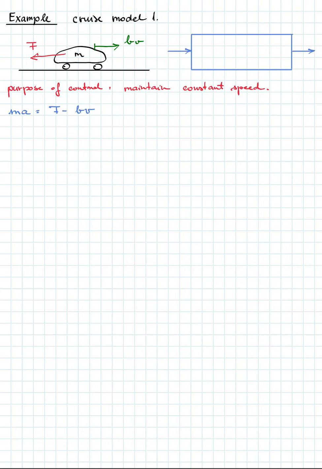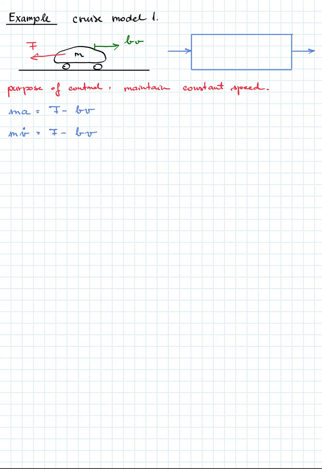So F is decreased by bv because they have got opposite direction. But now I would like to present a model whose variable is v, the velocity of the vehicle. So that's why we are going to write the following: m v dot is equal to F minus bv.